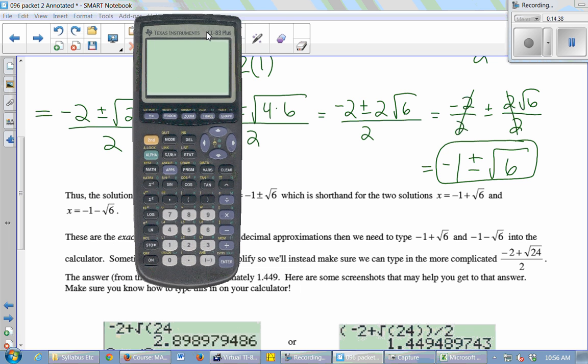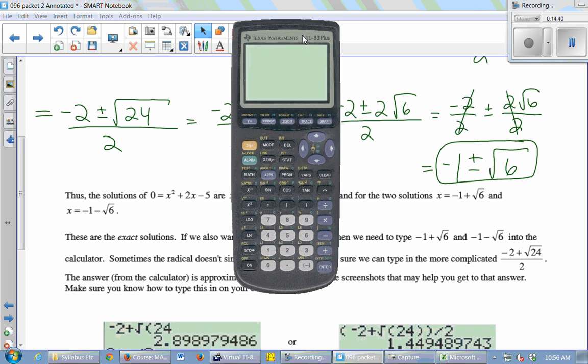So here's my calculator. I want to type in -1 plus the square root of 6. So I've got a negative button, right? So I do -1 plus, and my square root button is a second. Yours might be also, or you might have your own special button. So I do second square root 6, hit enter, and you get about 1.449.